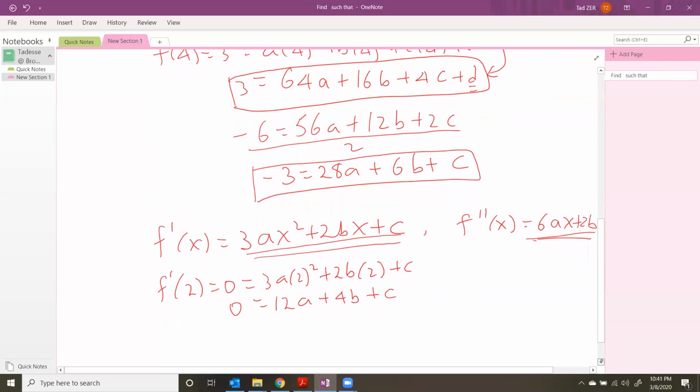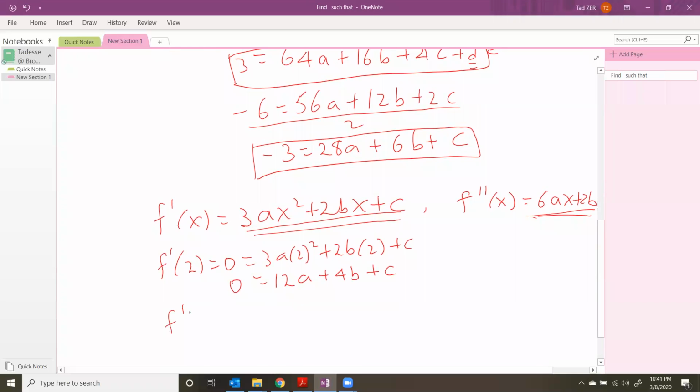For the second piece, I have the first derivative at 4 equal to 0, which is 3a times 4 squared plus 2b times 4 plus c. Remember, I'm using the fact that if I have relative extrema, then the derivative must be 0 or does not exist.